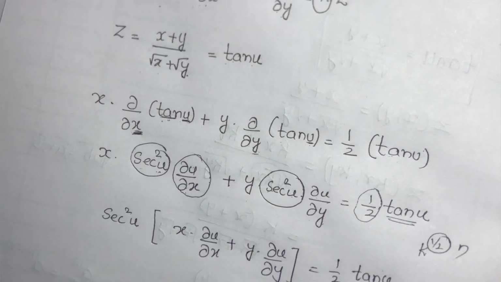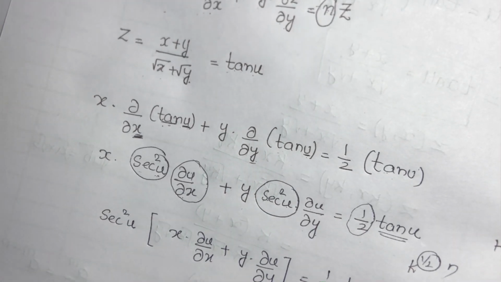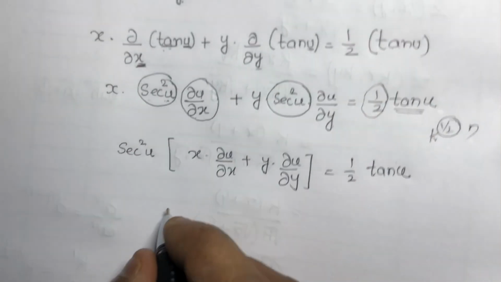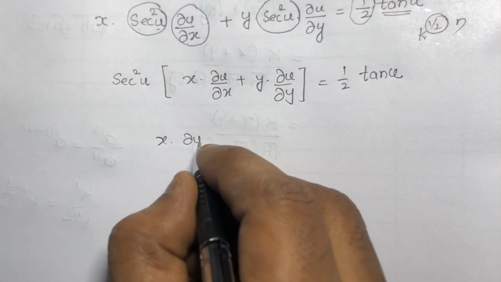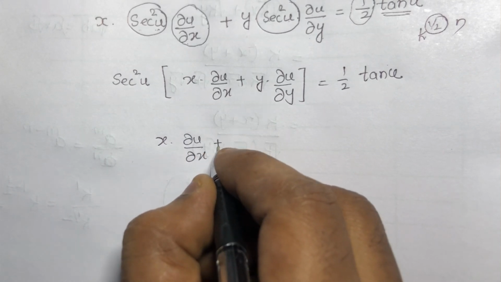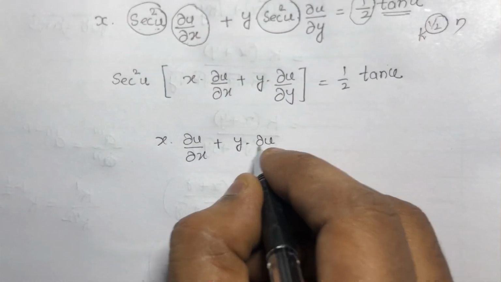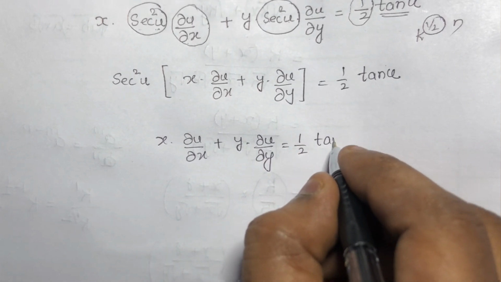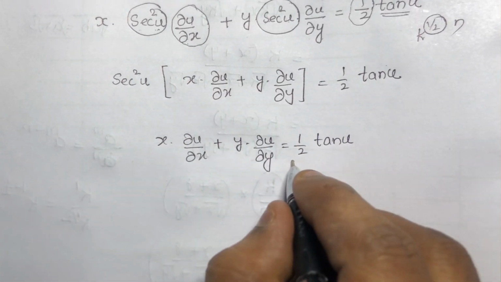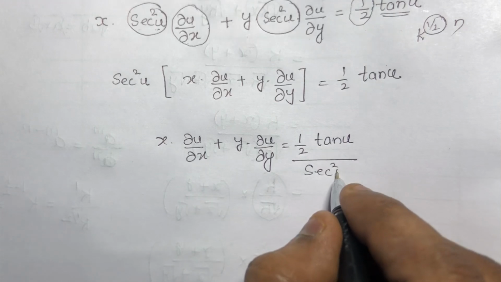Clear? Then sending this secant square u to that side, it becomes x into ∂u/∂x plus y into ∂u/∂y equal to 1 by 2 tan u divided by secant square u.